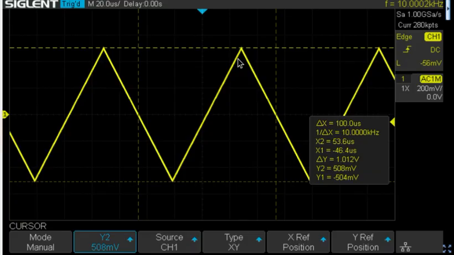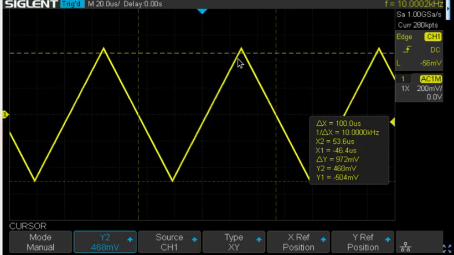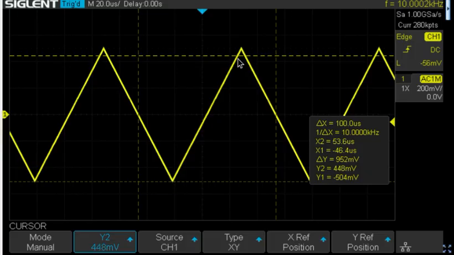So we need to put that top cursor manually at 450 millivolts, which is right. There is a finite step size, and that's probably as close as we're going to get. Okay, so that ideally is 450, but it's super close. So that's 10% of that peak voltage down from there.